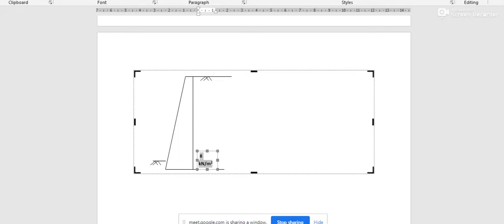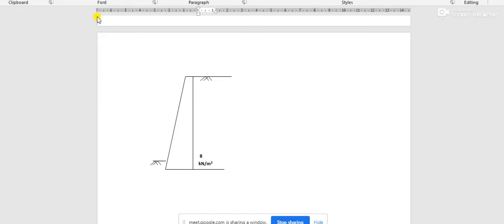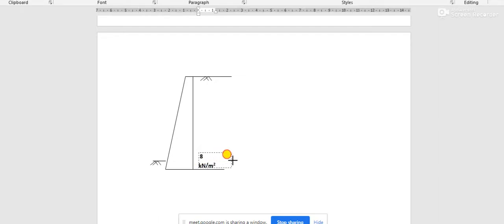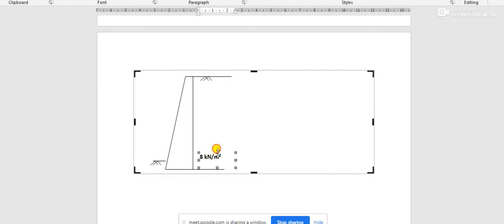I am making it bold so that you can see the value easily. The value of earth pressure at the base of the wall is 8 kilonewton per meter square.